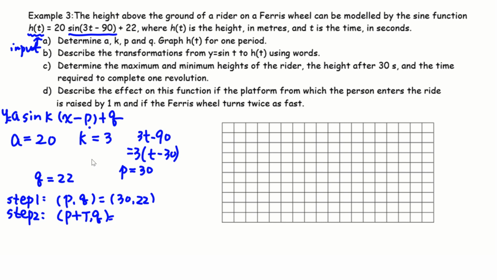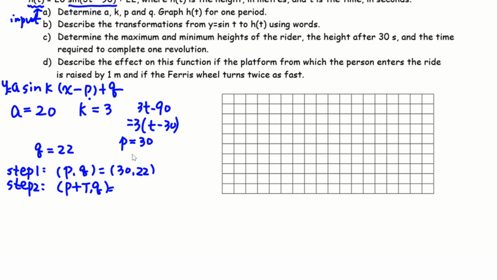So for this one, the period is 360 divided by 3, which gives you 120. So it means from this point after 120 it will repeat. So 30 plus 120 gives you 150 and 22. So this is the whole period point.